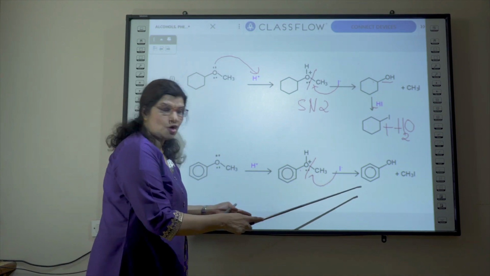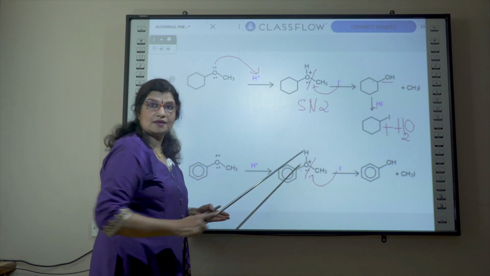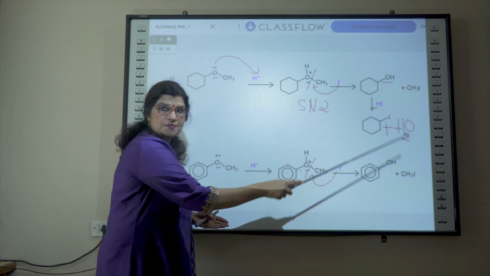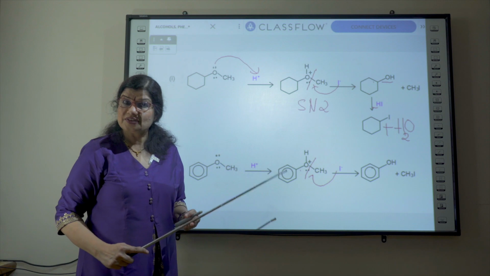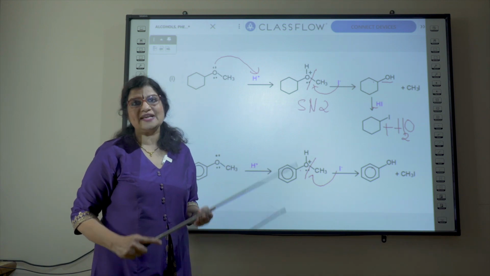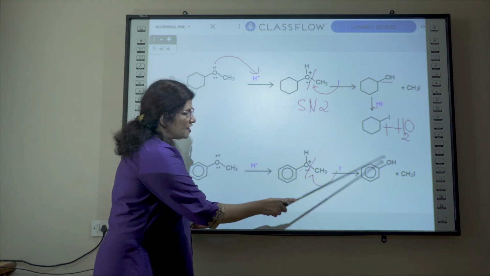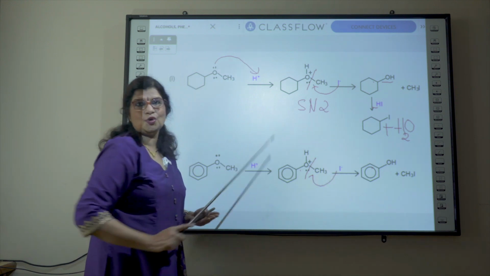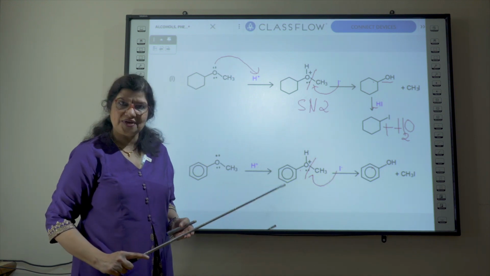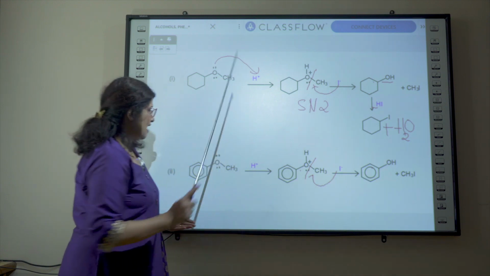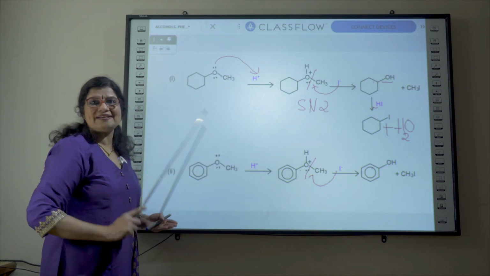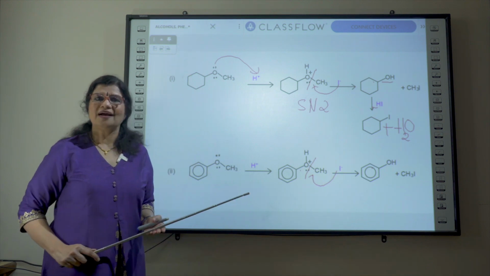You need the presence of electron withdrawing groups on the ring for the OH to be substituted by a nucleophile, which is an aromatic nucleophilic substitution reaction, which does not occur here, and therefore phenol does not undergo further reaction with hydrogen iodide. So these are the products of the reaction when methoxybenzene reacts with hydrogen iodide.